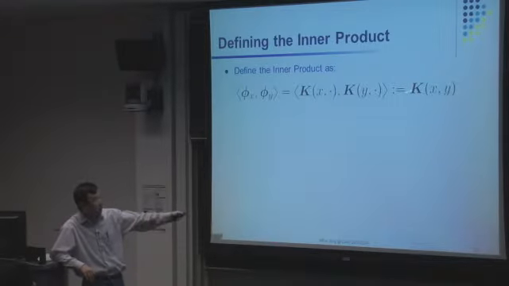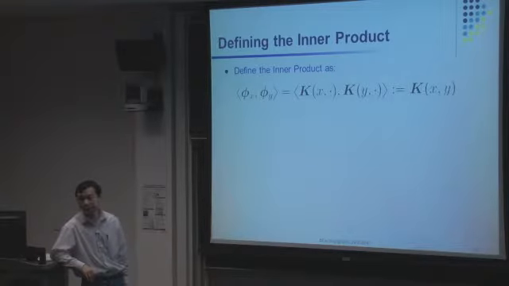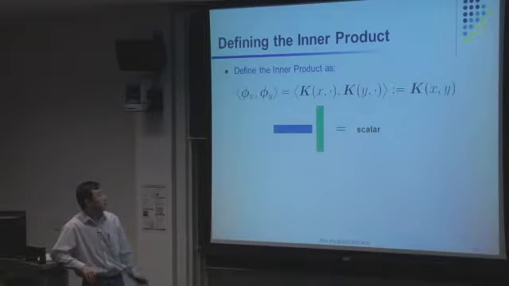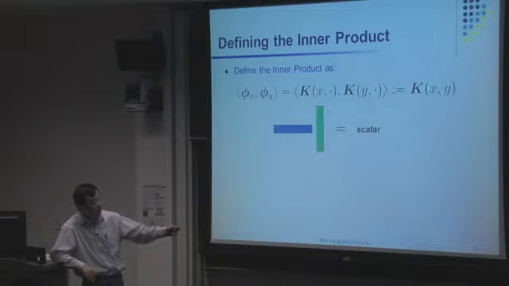But when they go together, they actually correspond to the kernel evaluated at the two points. Okay, so that's basically the definition of the inner product for the features. Okay, and therefore this one corresponds to a feature function here, and that one corresponds to a feature function here. But now this dot product of the two features gets you back to this full kernel with the two values in place. Okay, it's not an arbitrary scalar anymore.